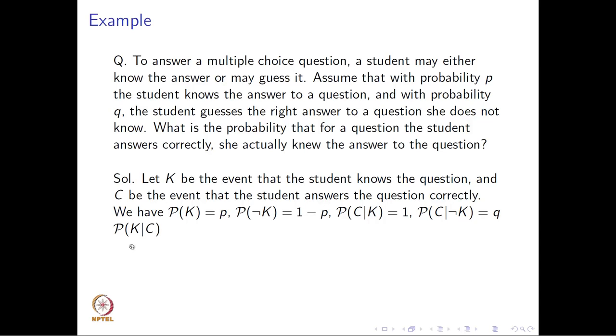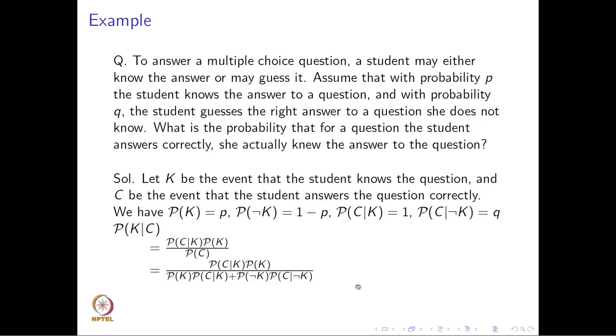We are interested in the probability of the student knowing the question given that she has answered it correctly. Applying Bayes rule, we have probability of K given C is equal to probability of C given K into probability of K by probability of C. The probability of answering the question correctly can be expanded in the denominator to consider the two situations: probability of answering the question correctly given that the student knows the question, and probability of answering the question correctly given that the student does not know the question.